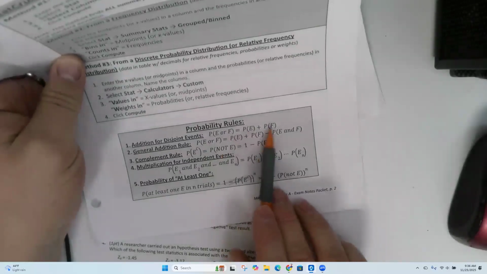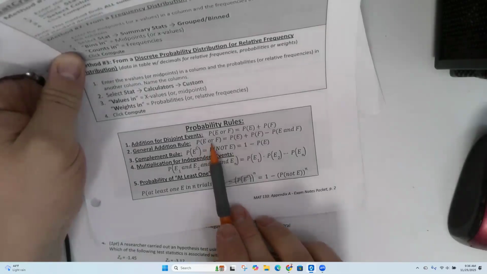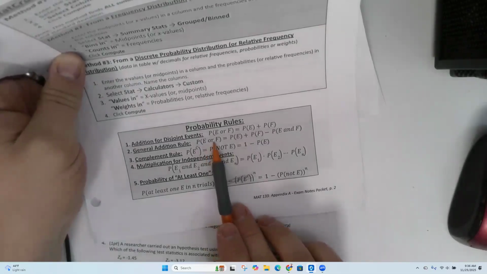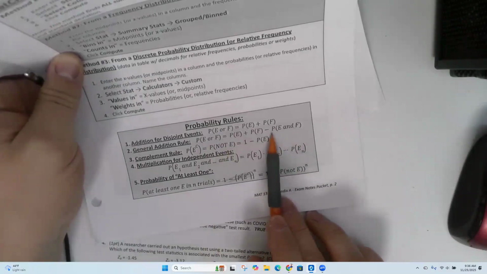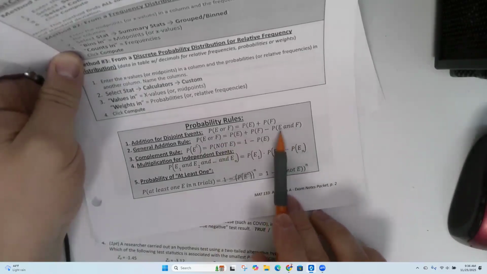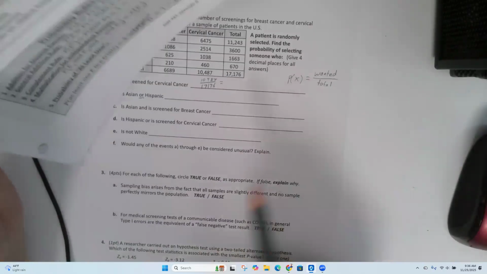So you just add the two probabilities together. On the other hand, if you have an or and they're not disjoint, that means that there's an overlap. That means you'll have to subtract off where the two happen at the same time.